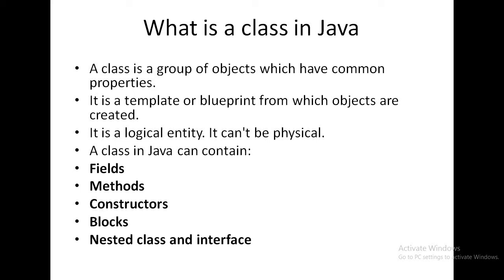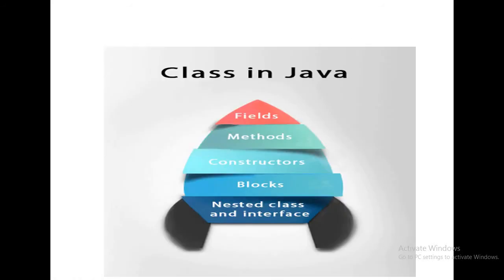Nested class and interface are also present in a Java class. This is the new thing present in Java. We will discuss nested class and interface. So a class generally contains different types of fields, methods, constructors, blocks, and so many nested classes and interfaces. These are the different parts of the class.